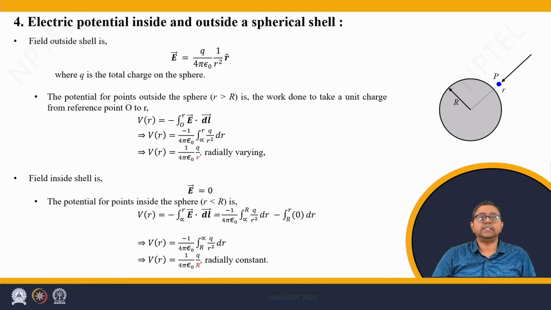Next, we consider the electric potential inside and outside a spherical shell. This diagram shows a spherical shell of radius capital R. The point P is the test point which is located outside the spherical shell.